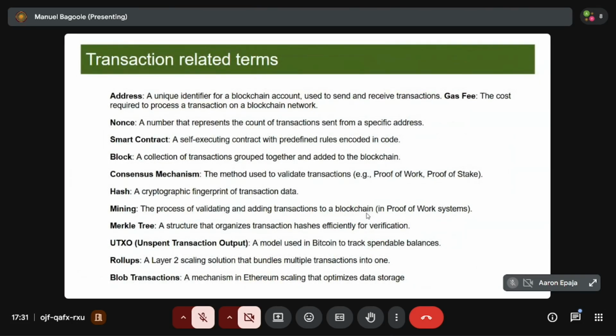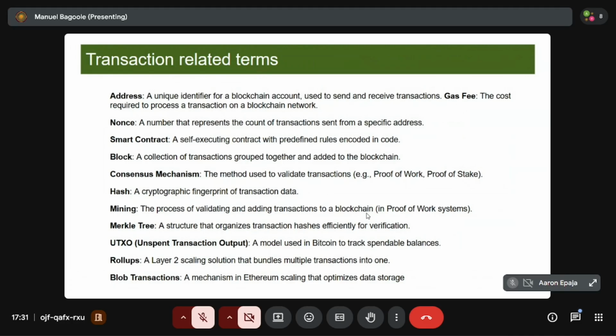So, what is a smart contract? A smart contract is simply a set of instructions that execute on a blockchain in an execution environment on chain.